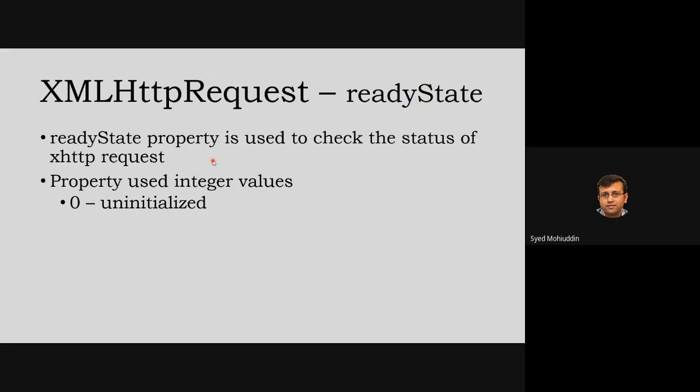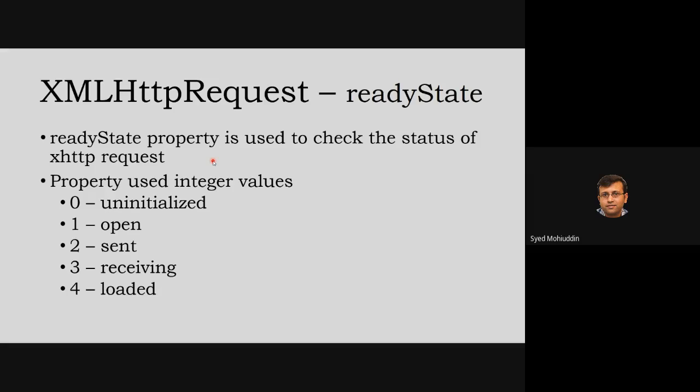If it is 0, that means it is uninitialized, that is, the XML HTTP request object is uninitialized. If it is 1, it means it is open. If it is 2, it means it is sent. If it is 3, it means it is receiving. And if it is 4, it means it is loaded. So that is why we had 4 as the value.